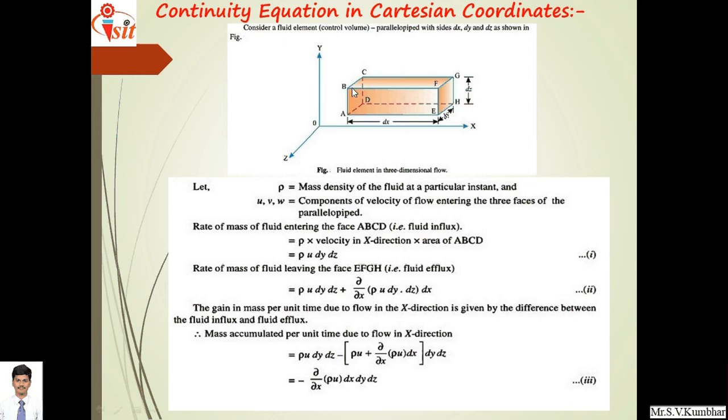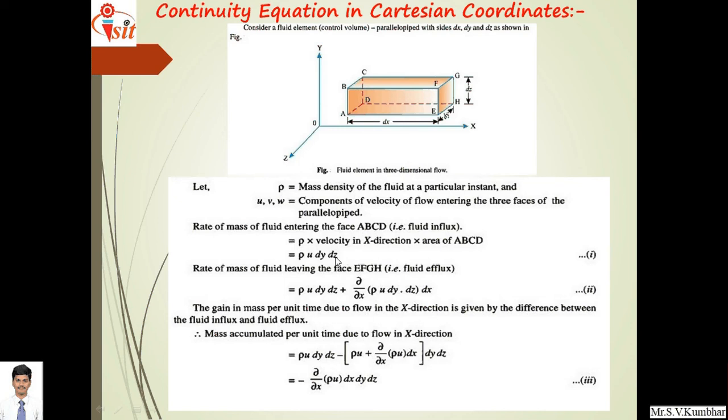Generally we calculate mass flow rate by the formula density multiplied by area multiplied by velocity. So similarly here, density multiplied by velocity along x direction is u, and the area of ABCD, as it is a rectangle or square, will be dy multiplied by dz.